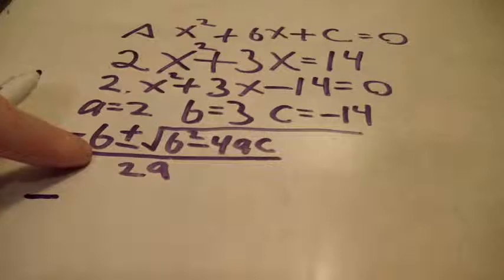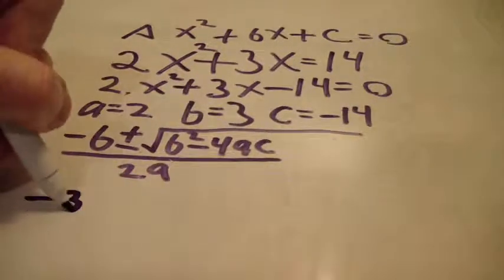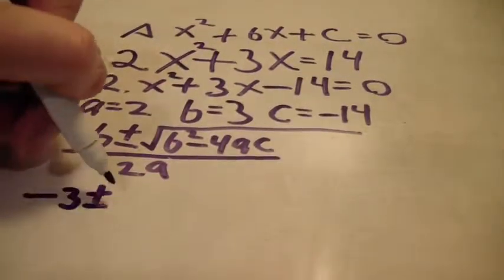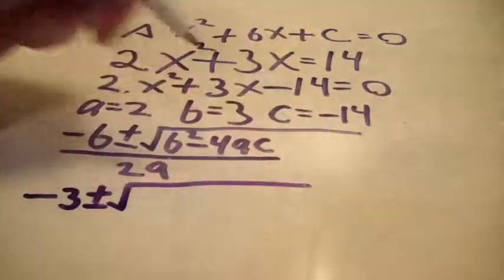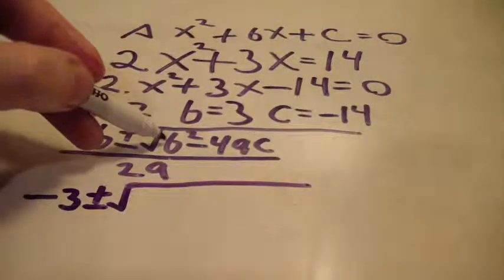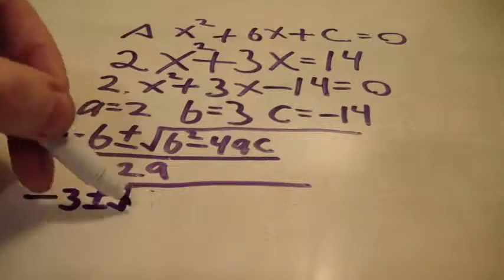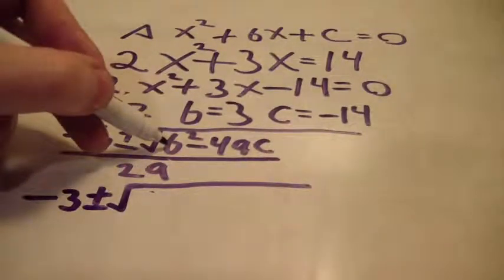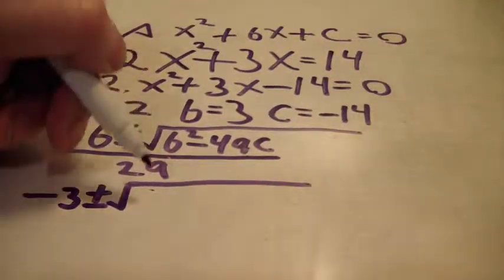For b, we know it's 3. So we put 3, and put the plus or minus there. Okay, we put 3 there. But instead of doing that, let's just know that 3 times 3 is 9.